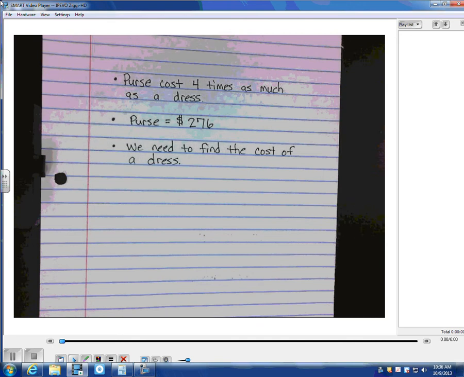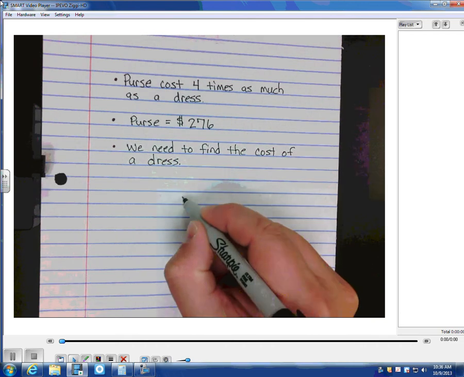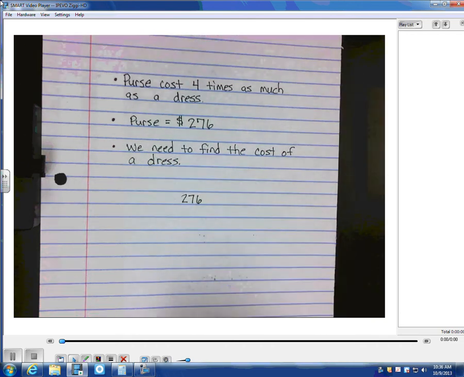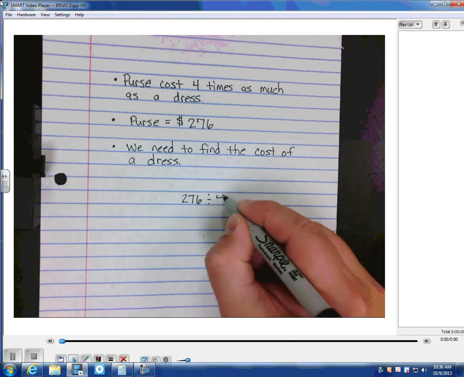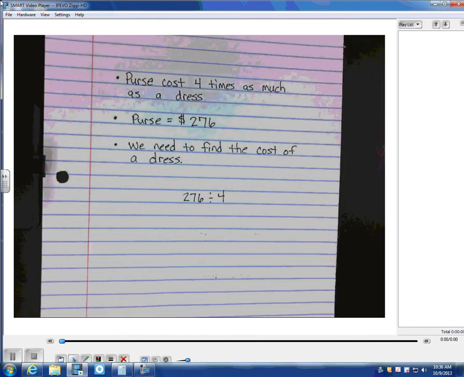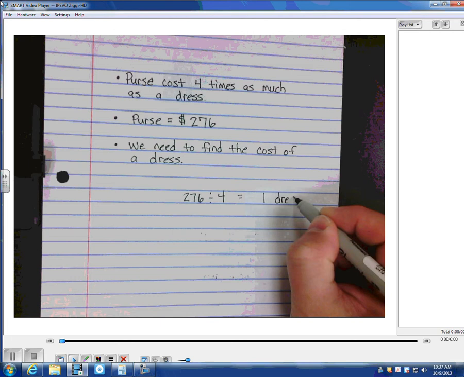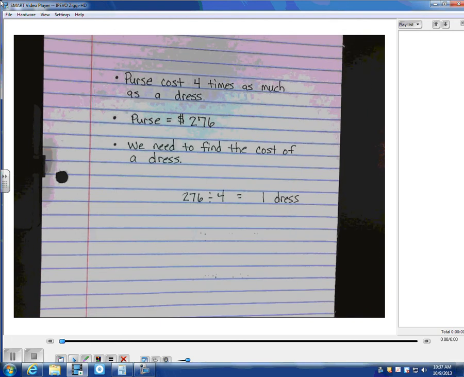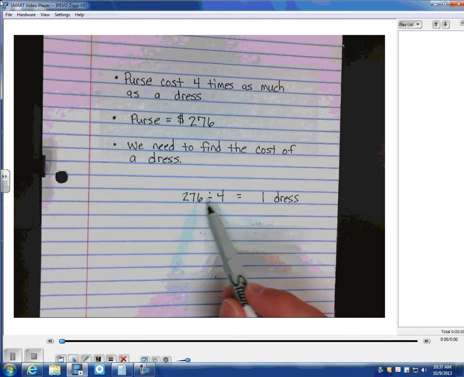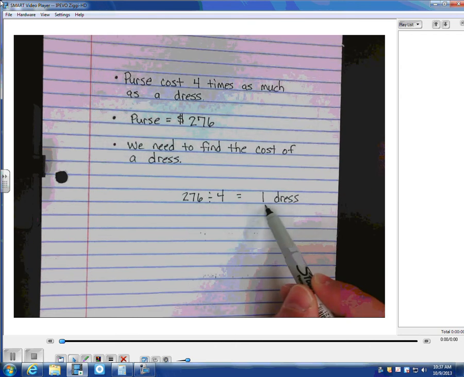In order to find the cost of a dress, we are going to divide 276 by 4. I'm going to let you choose the method of how you want to divide that out. You've learned several different methods in class. Do the one that's easiest for you. Once you figure that out, that answer will equal the price of one dress.